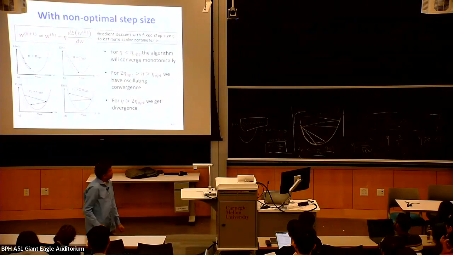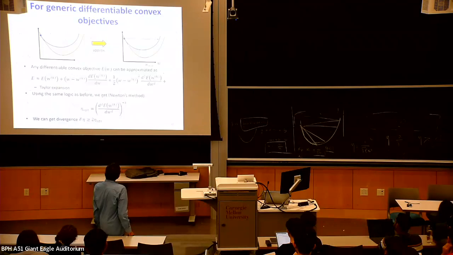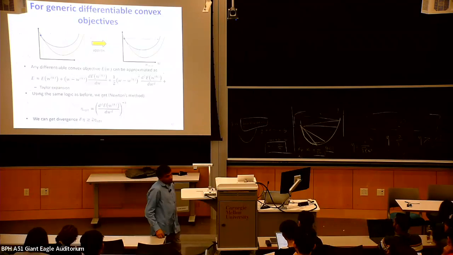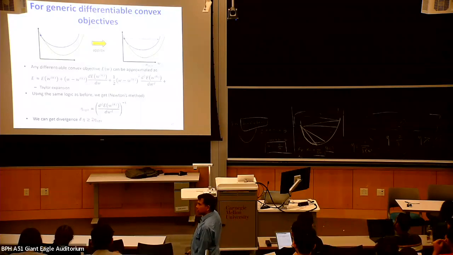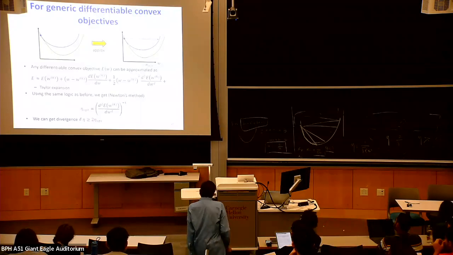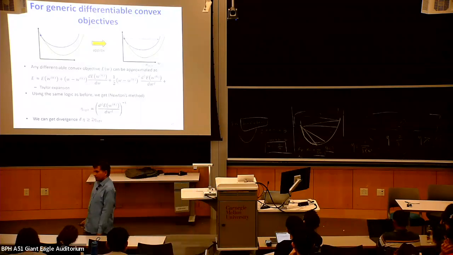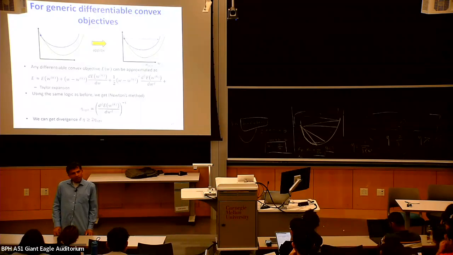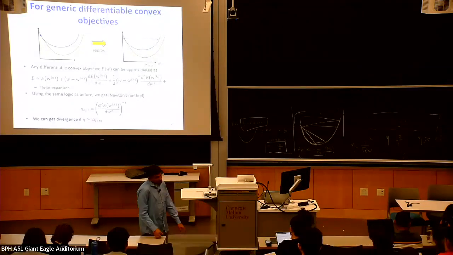And so we have an optimal step size. Now, for a generic differentiable convex function, it's not going to be quadratic, it's going to be some other shape. But then I can always write a Taylor series approximation of that kind and truncate it after 2 terms. So basically this is the famous Newton's method. You take a second order Taylor series approximation, and then at each point you can make a quadratic approximation and go to the optimum in a single step.